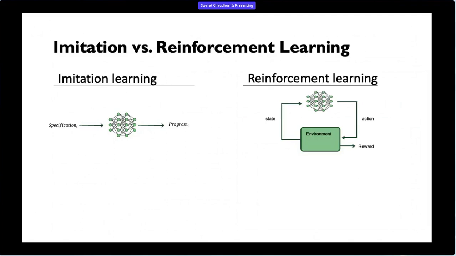And so there's also been a lot of work around a different paradigm to learning based on reinforcement learning. So rather than having a corpus where you say, here's my specification, here's my program, you can have the goals defined in terms of an environment that produces a set of rewards.